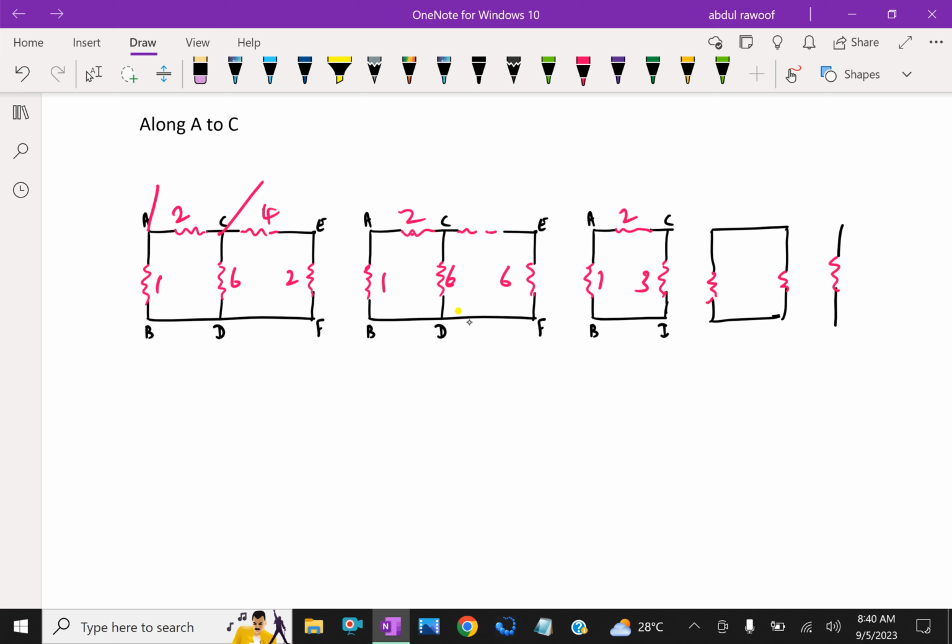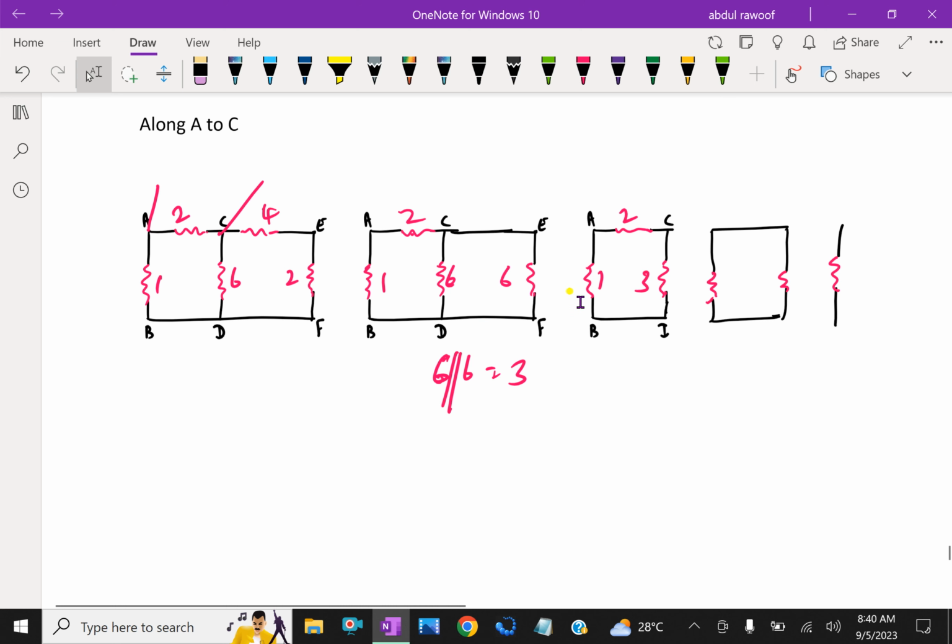This we are adding with the 2, that 4 and 6. Now this 6 and 6 are in parallel, which gives 3. So this becomes 3.